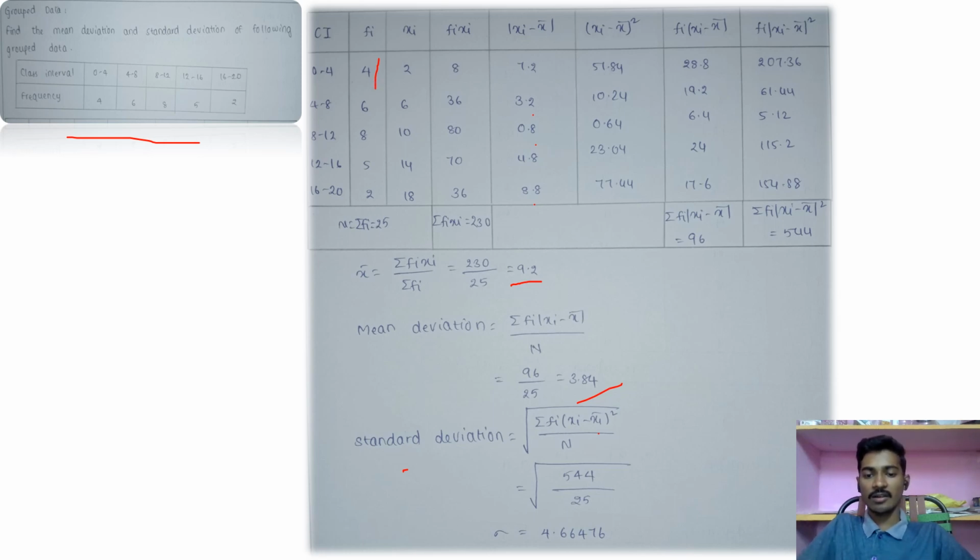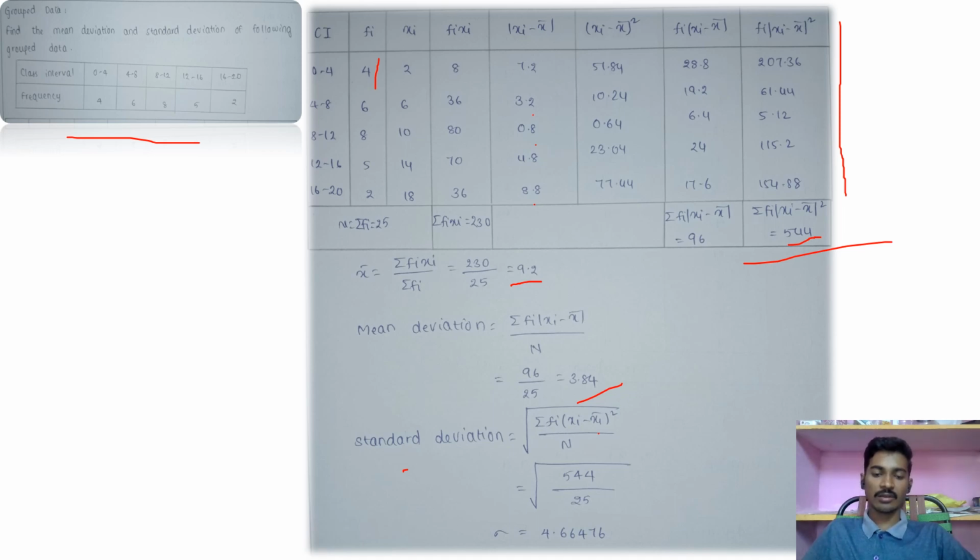By multiplying, we get fi into xi minus x bar whole square, and by adding all these we get sigma fi into xi minus x bar whole square, and the value is equal to 544.